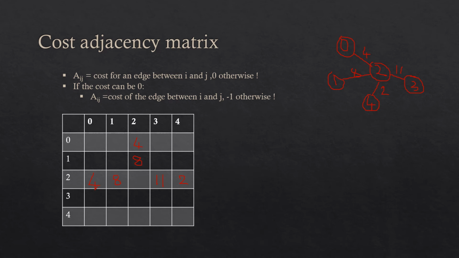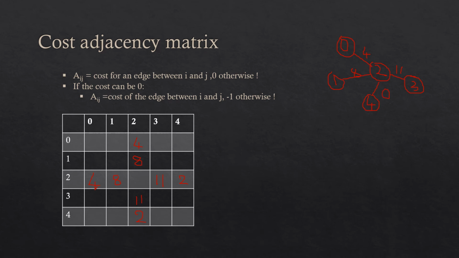3 is pointing to 2, and 4 is pointing to 2. Now, for instance, 4 is pointing to 2, but the value of its edge is, let's take for example, 0.